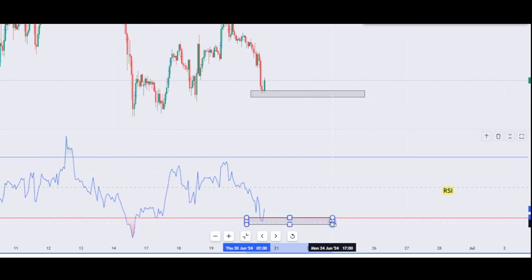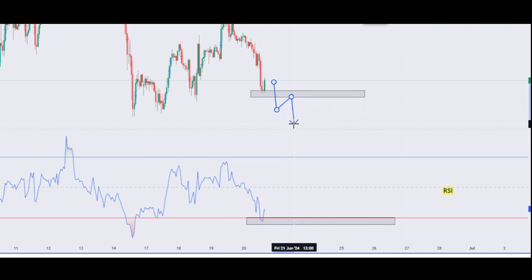Then you also mark the RSI zone as well. So this is where you need to start paying attention to RSI bullish divergence. You need to make sure that the chart continues in the bearish direction movement, lower low, whereby you need to also see that the RSI divergence failed to give us the same bearish structure on the chart.